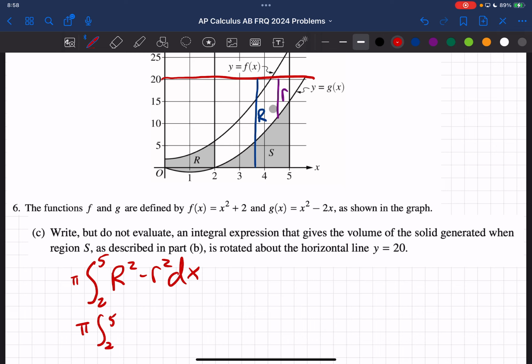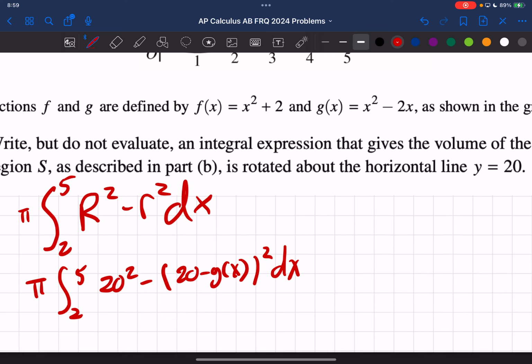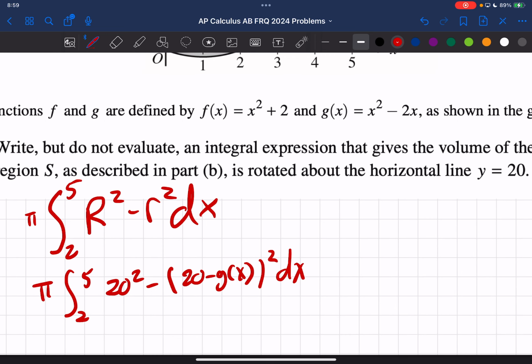Now, to figure out the length, here we take top minus bottom, so this is 20 minus 0. So this is 20 squared minus, and then here this is 20 minus g of x. Now, we will see when the scoring guidelines come out if this will be acceptable or not.